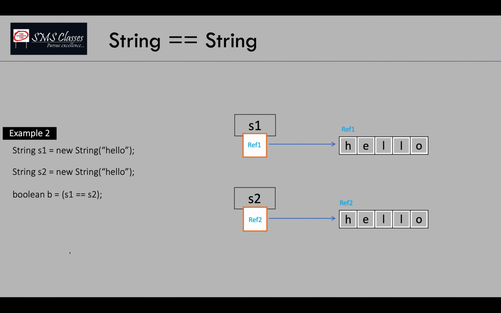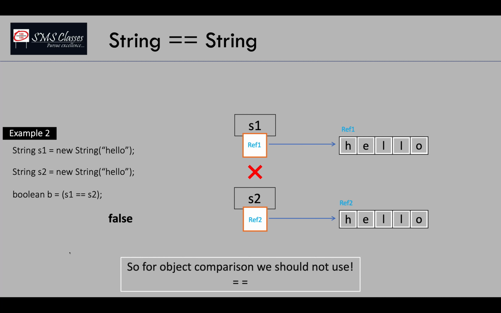Now in this case, if you write S1 double equal to S2, it is actually not checking whether hello are equal or not. It only compares the addresses, that is the reference. So reference 1 is not equivalent to reference 2. So the memories are different. So it returns false. That is why we should not be using double equal to compare strings or in general objects.